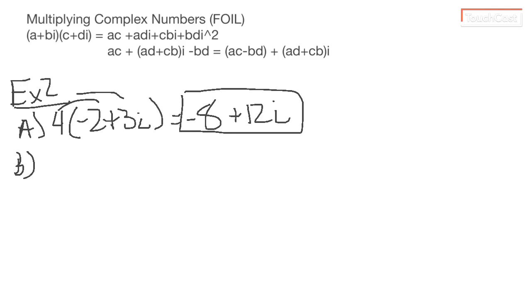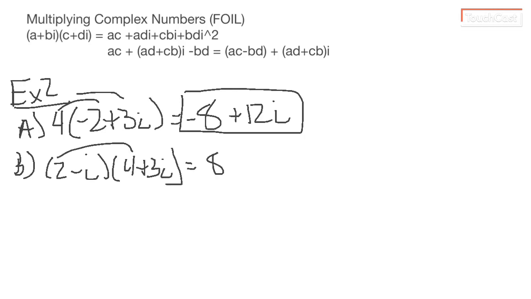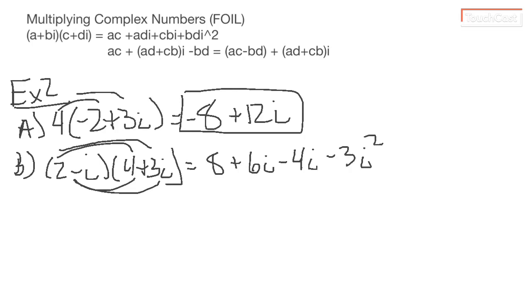If we have, say, two binomials, 2 minus i times 4 plus 3i, we can go 2 times 4, which is 8, and then 2 times 3i, which is 6i, negative i times 4, so minus 4i, negative i times 3i, minus 3i squared, and i squared is the same as negative 1.